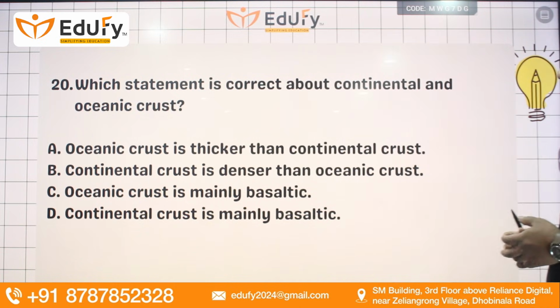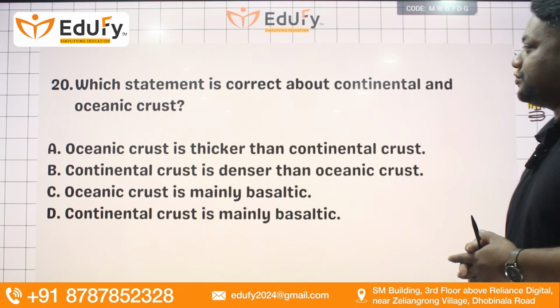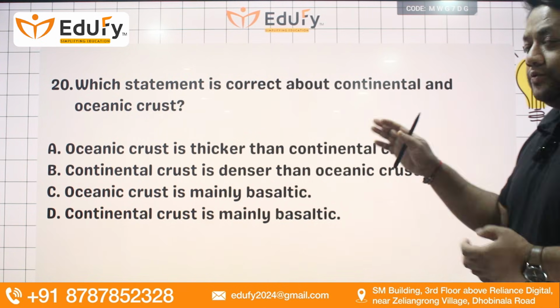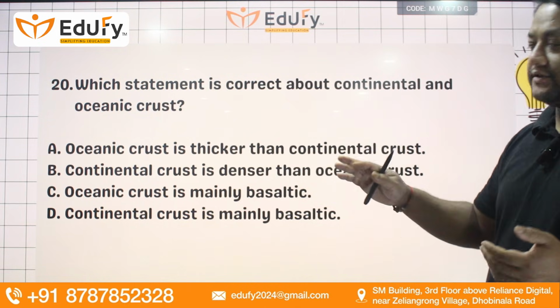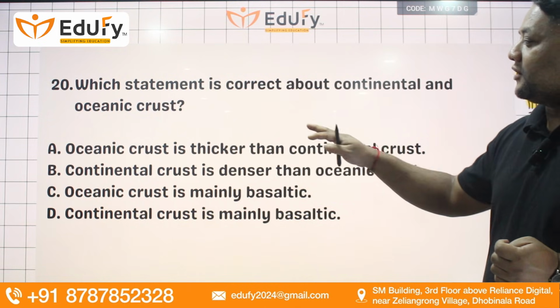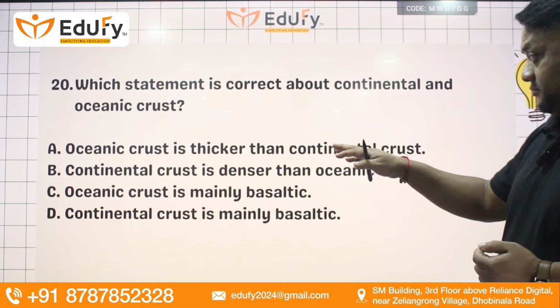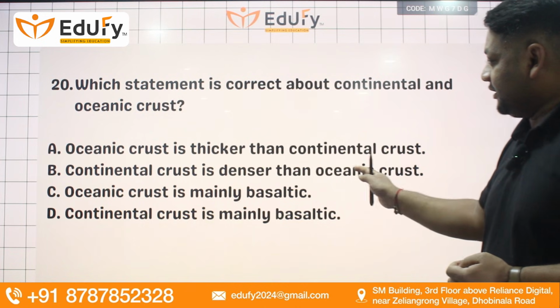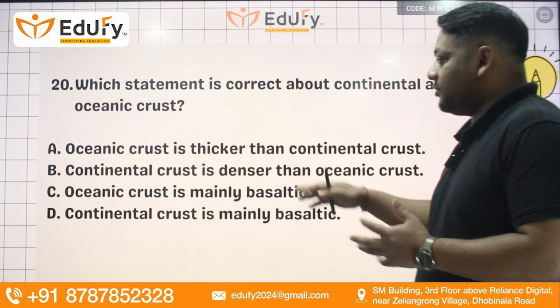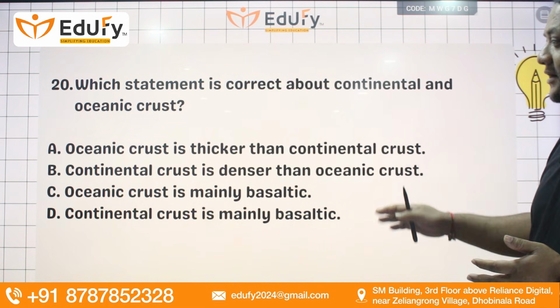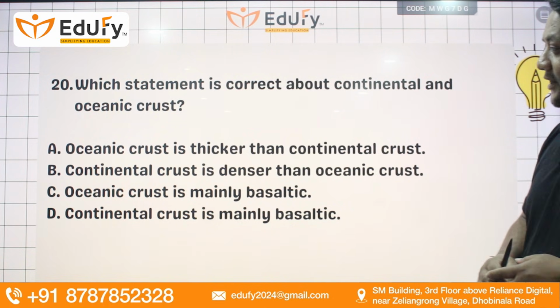Which statement is correct about continental and oceanic crust? Oceanic crust is thicker than continental crust. No, that's incorrect. Continental crust is thicker than oceanic crust. Okay. Continental crust is denser than oceanic crust. That's correct. Sorry, no, it's not correct. Oceanic crust is denser than continental crust. Oceanic crust is mainly basaltic. This option is correct.